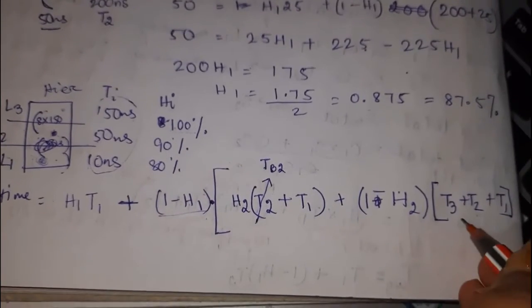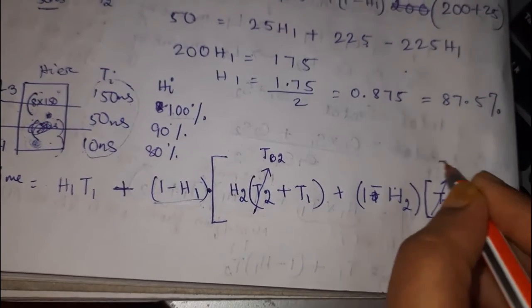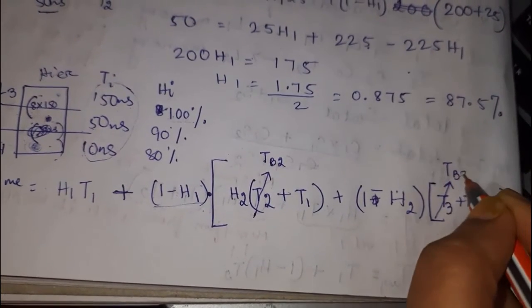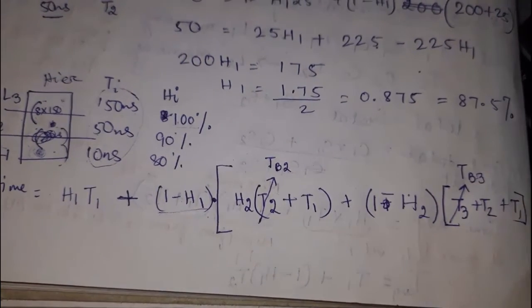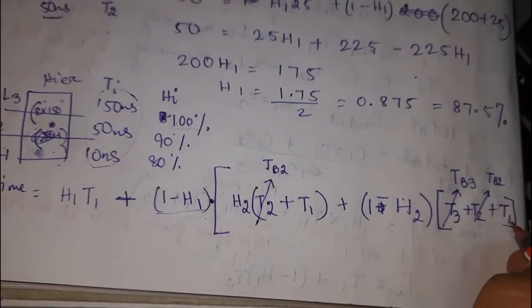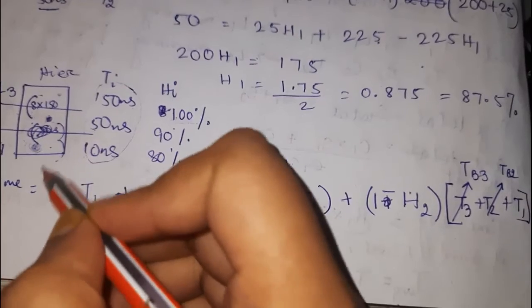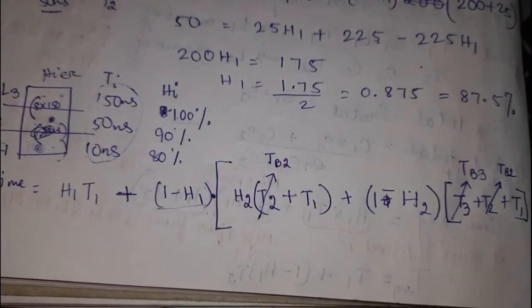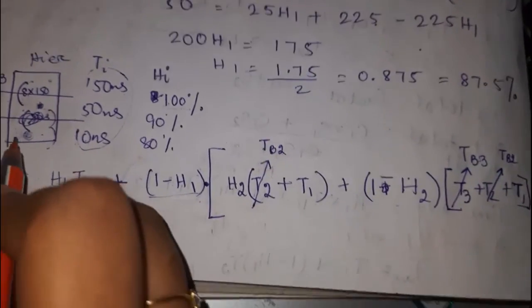So here instead of T3 we will put the time taken by the block to transfer from level 3 to level 2, here from level 2 to level 1, and here the time taken for the CPU to get the item which we are searching.